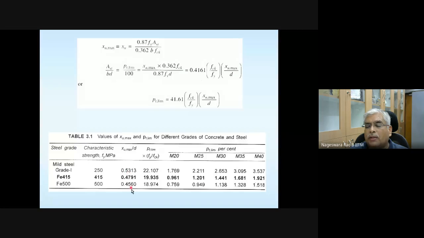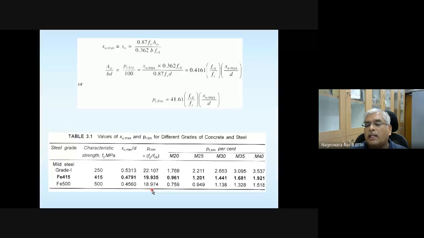And here the values are given up to 4 significant digits. And if you know XU max divided by D, please note that this XU max is for balanced section or for limiting case, you can plug in this equation and get what is percentage of steel for a limiting case, which is nothing but for a balanced section.